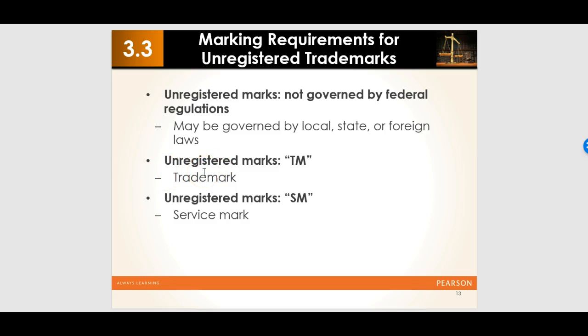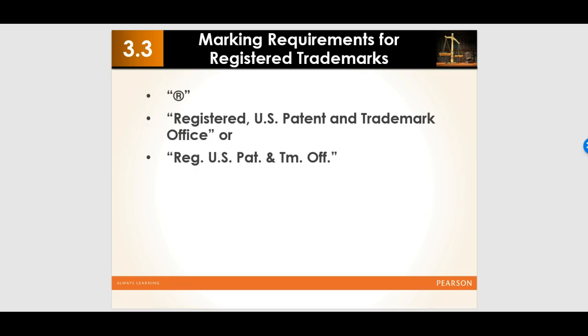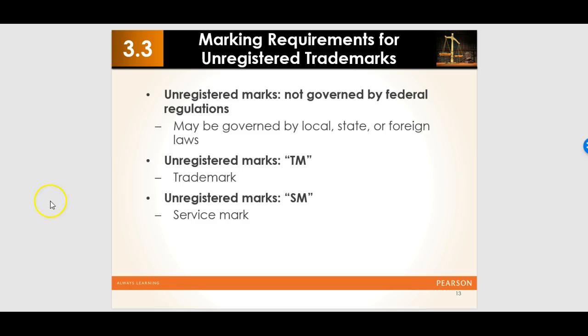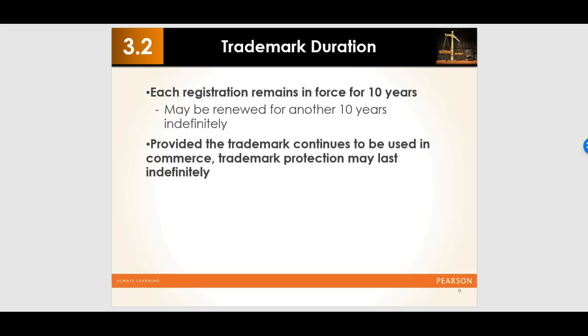So if you have not registered with the USPTO, you cannot use any of those three. All you can use is TM for a trademark for a good, a product trademark, or SM for a service mark.